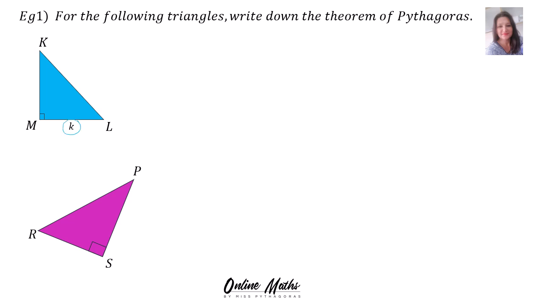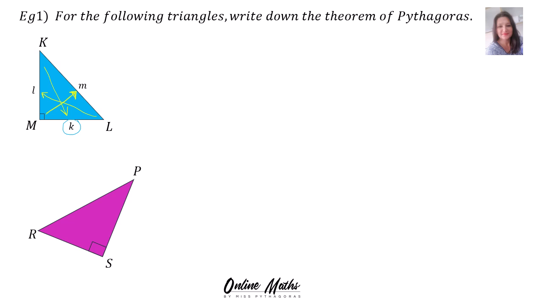If this is the big angle K up there, then the side that lives opposite that angle is called little k. The side opposite the big angle M, we call little m, and the side opposite big angle L is called little l. And remember, this side M is also the hypotenuse because it lives opposite the right angle.